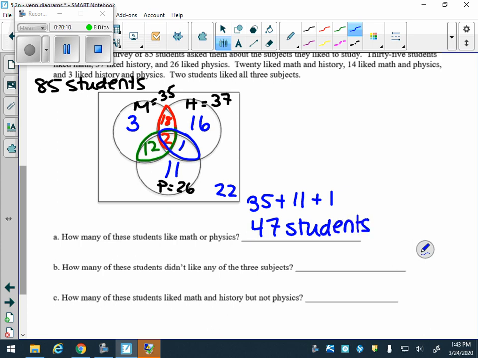Then how many of these students did not like any of the 3 subjects? Well, it's the outside, 22 students. How many of these students liked math and history, but not physics? We have 18.